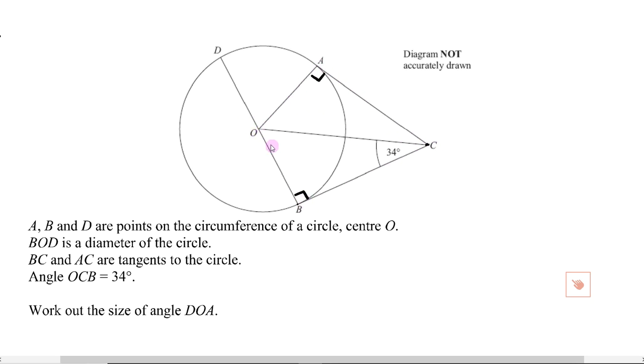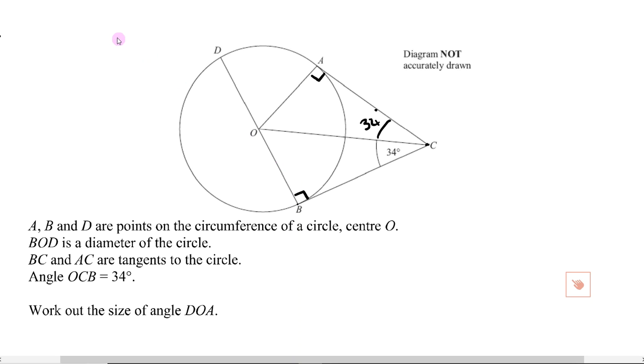This is also the radius of the circle. So these two triangles are the same, so this is also 34 degrees. Now, that may or may not help me. Like I said, I'm just writing in stuff that I know.